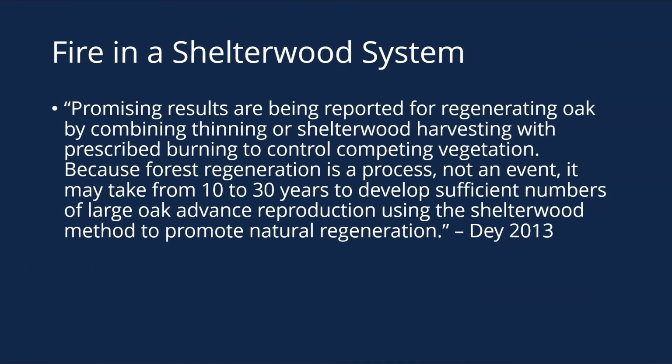So fire added to a shelterwood system has had a lot of promising results for helping to regenerate oak, particularly because it is thinning out some of those competing species that are less tolerant to fire, even though it may take a while. This process may take 10 to 20 or more years to develop really good oak reproduction in a shelterwood system.